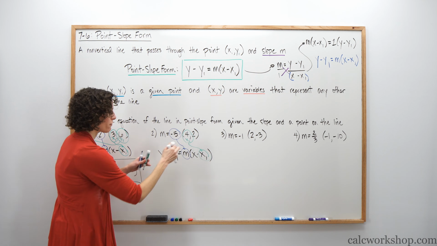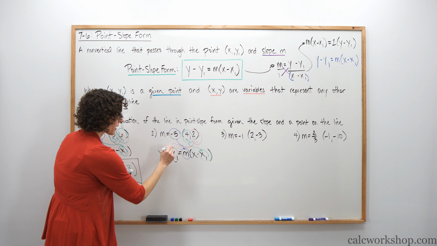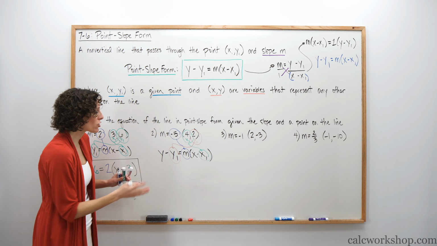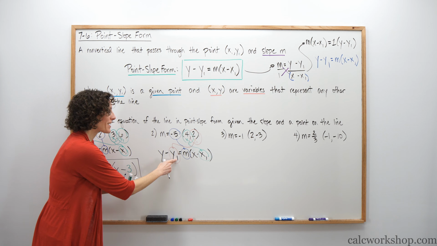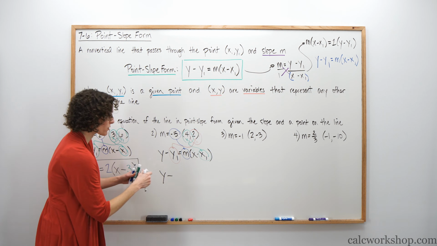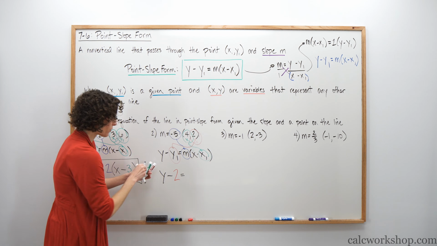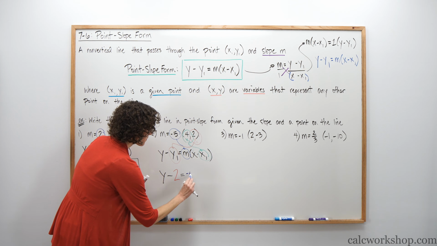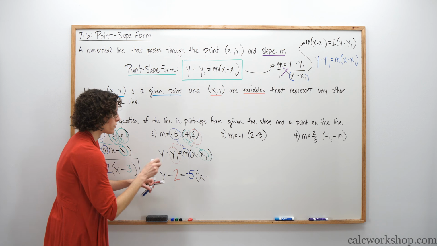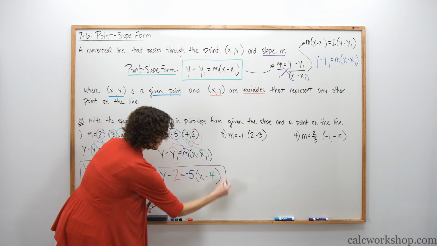And we have y1, which is the value of 2, and that gets plugged in for y1. All we're doing is plugging in exactly the way we see them, replacing the variable with its numerical value. So we have y minus 2 equals -5 times the quantity x minus 4. And that's all we have to do.